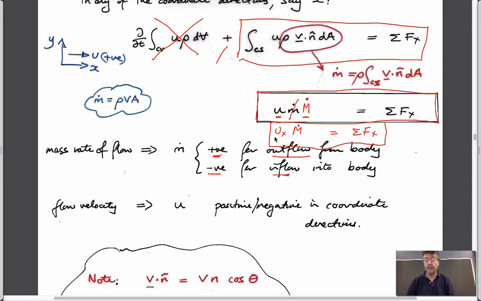Importantly, this velocity that we pre-multiply mass flow rates by is always positive in the direction of the coordinates. So with an x coordinate, forces in the x direction were positive in this direction, and velocities in the x direction were positive in this direction as well. Likewise for y.